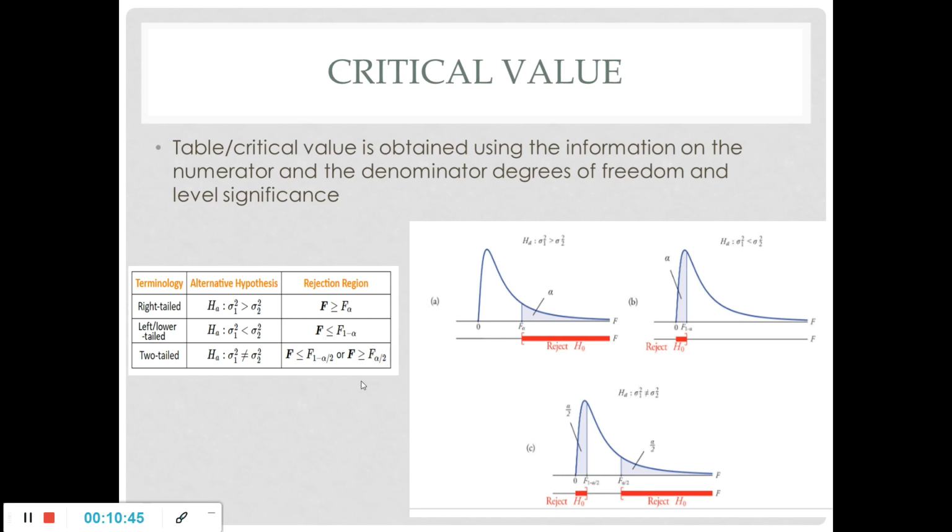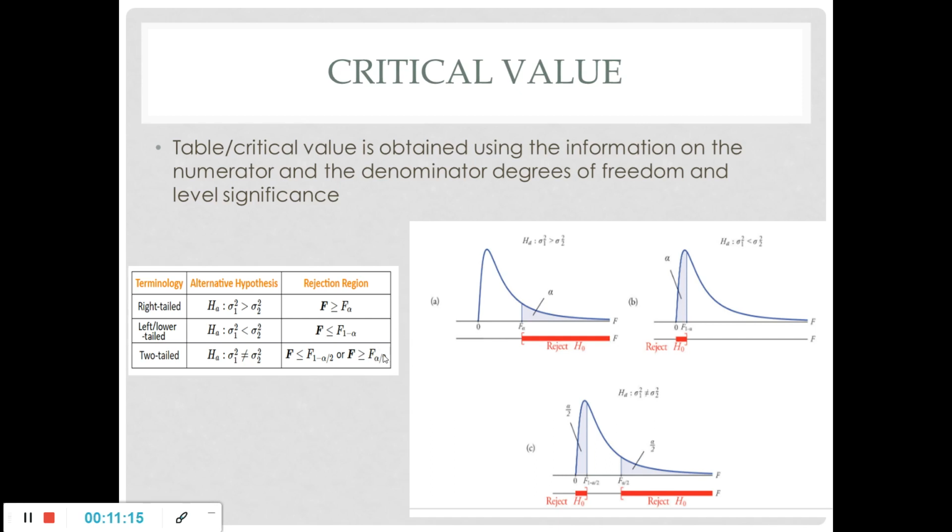Okay. And again, when it comes to two tail test, of course, your right tail will be alpha by 2. You need to divide your alpha with 2. In your case, if it is 0.05, your right tail critical value is obtained by dividing your alpha with 2. For example, if you divide 0.05 by 2, you will get 0.025.